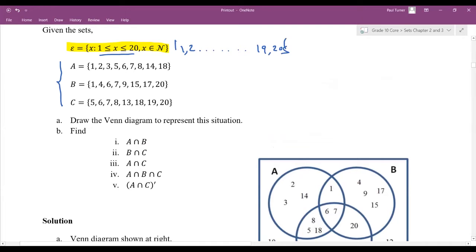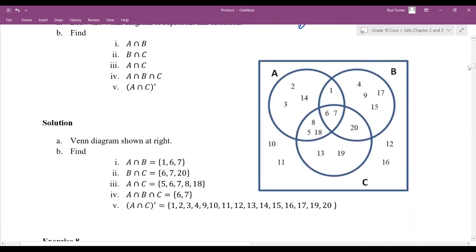So those are the universe. All of these numbers should be in your diagram somewhere, even if it's outside of the circle. That's okay too. So we ended up putting all the numbers in and got this result.